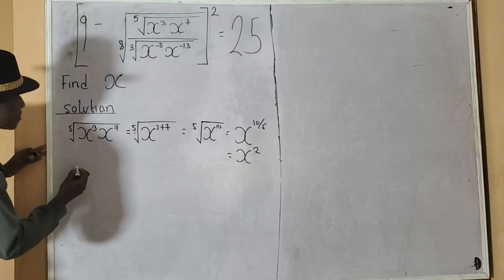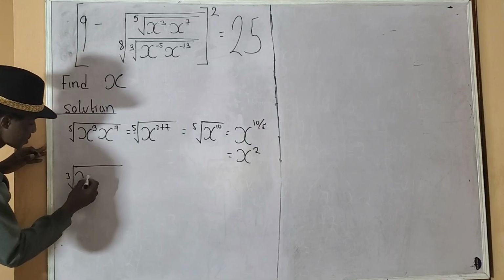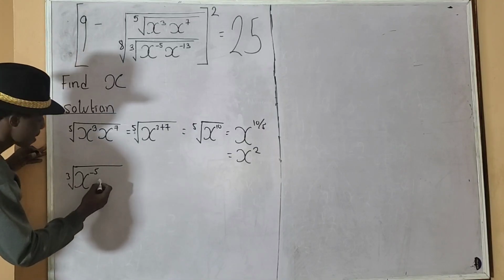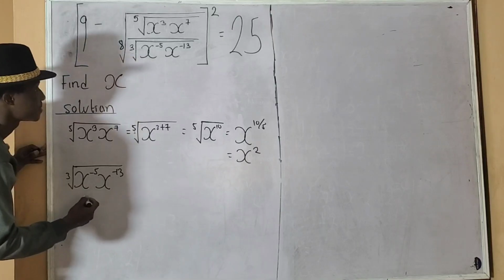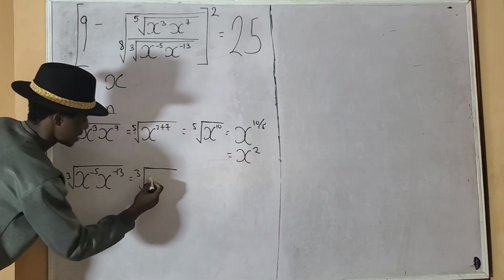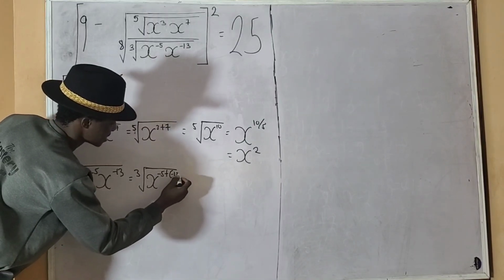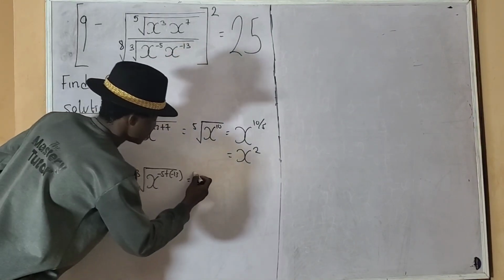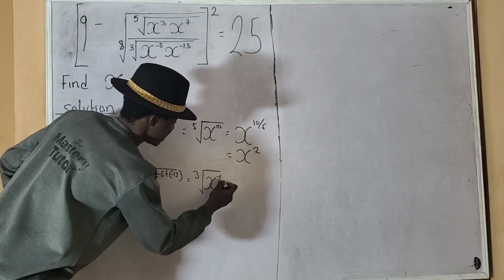So at the denominator, I'm having the 3rd root of x raised to the power of negative 5 multiplied by x raised to the power of negative 13. Are you following? Here, I'm going to have the 3rd root of x raised to the power of negative 5 plus negative 13, right? This will be equal to the 3rd root of x raised to the power of negative 18.